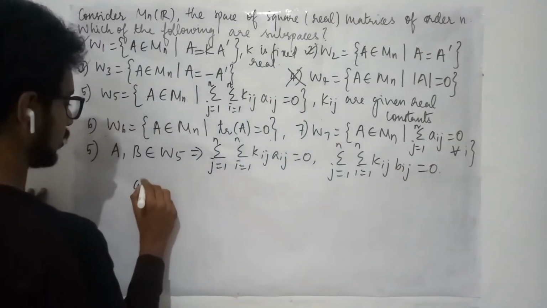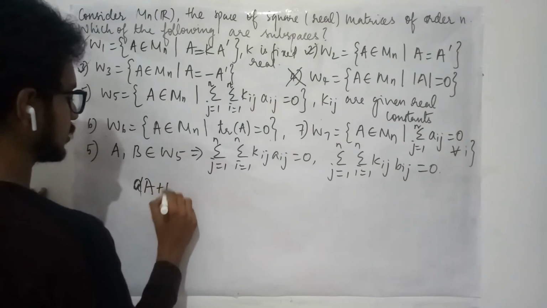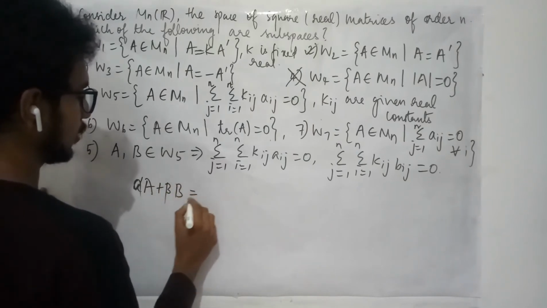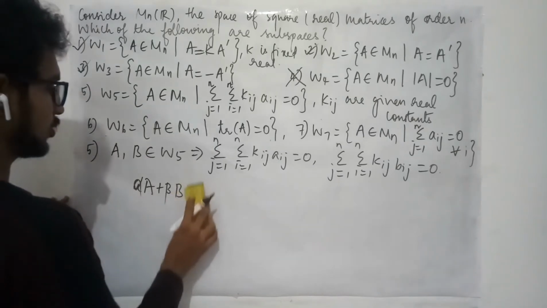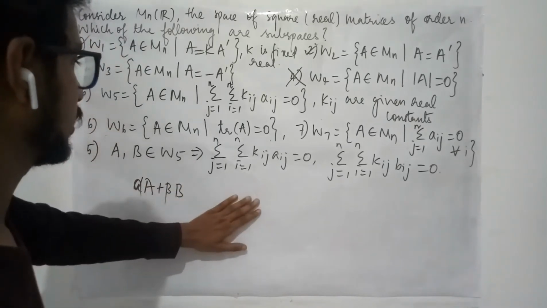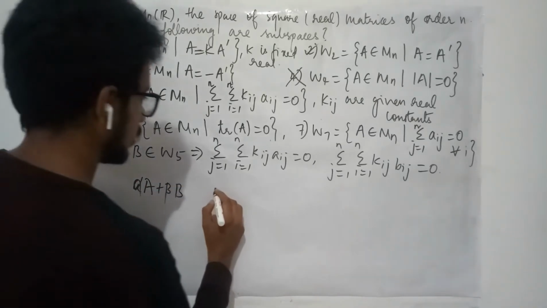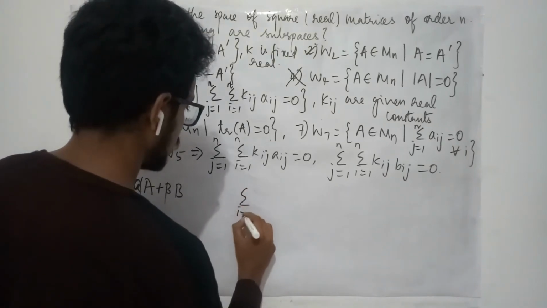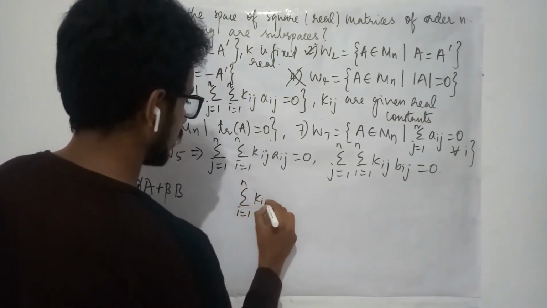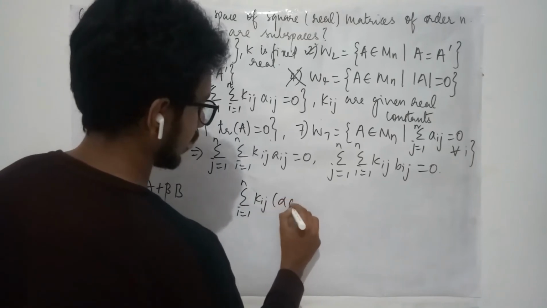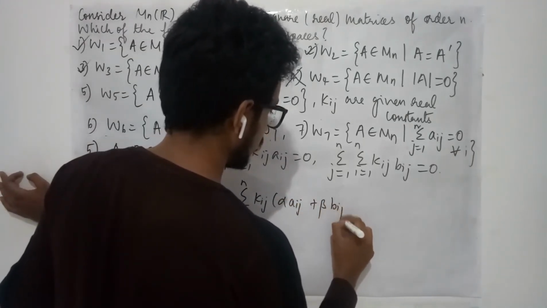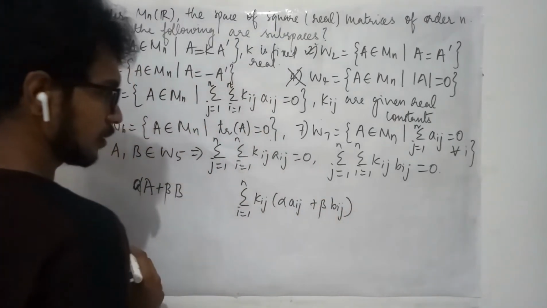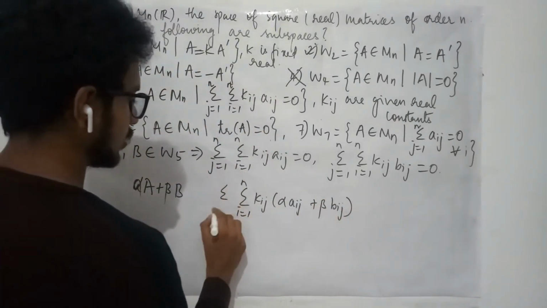So I have alpha a plus beta b. Okay, I have this, and let me check whether this satisfies this condition or not. That is summation i runs from 1 to n, kij into alpha aij plus beta bij, okay, and summation j runs.